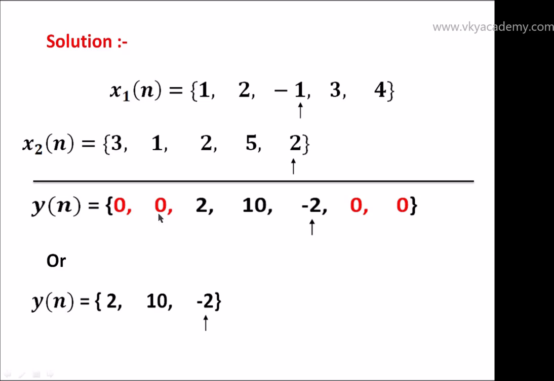So the results are 0 and 0. 2 of the second signal will multiply with the 1 of the first signal, so 2 into 1 is 2. 5 into 2 is 10. 2 into minus 1 is minus 2. Now 3 will multiply with 0, and 4 will be multiplied with 0, and the results are 0, 0. So finally I get y[n] equal to 2, 10, minus 2. The arrow mark will be at minus 2.